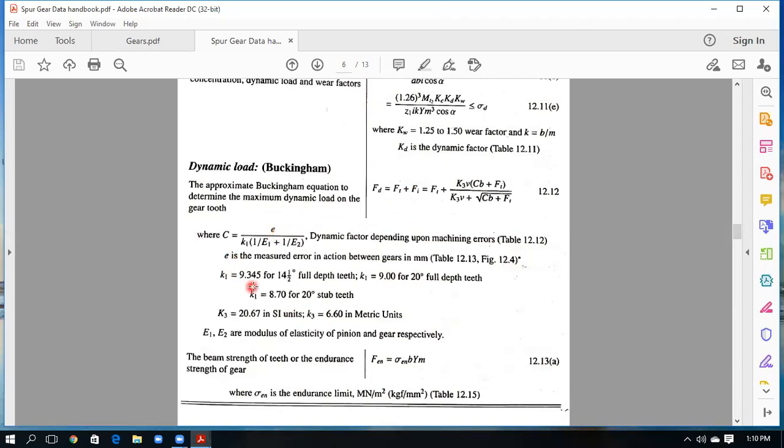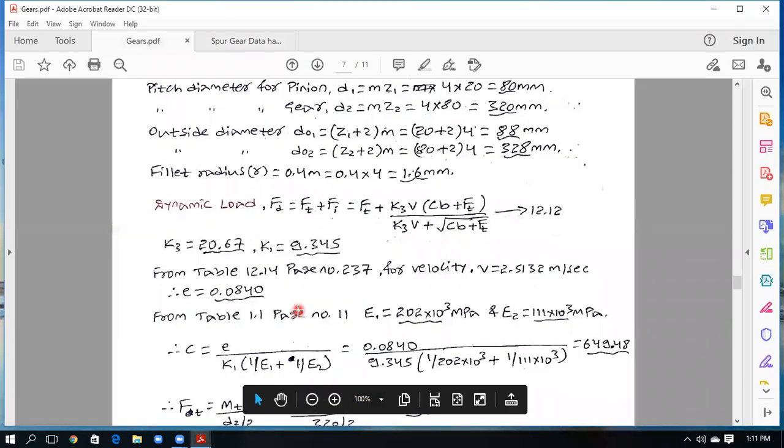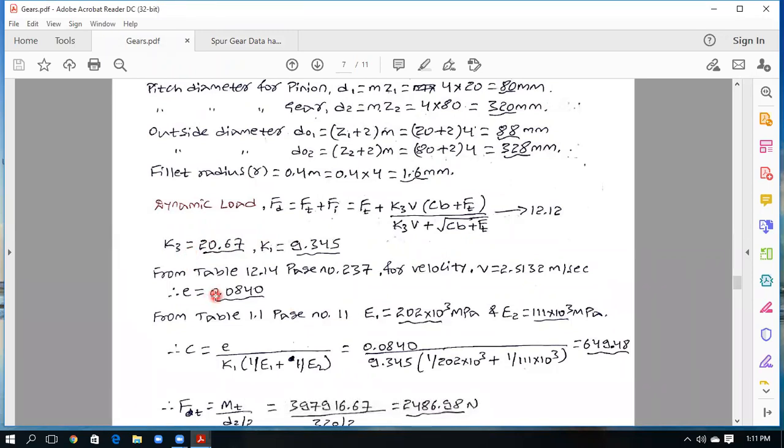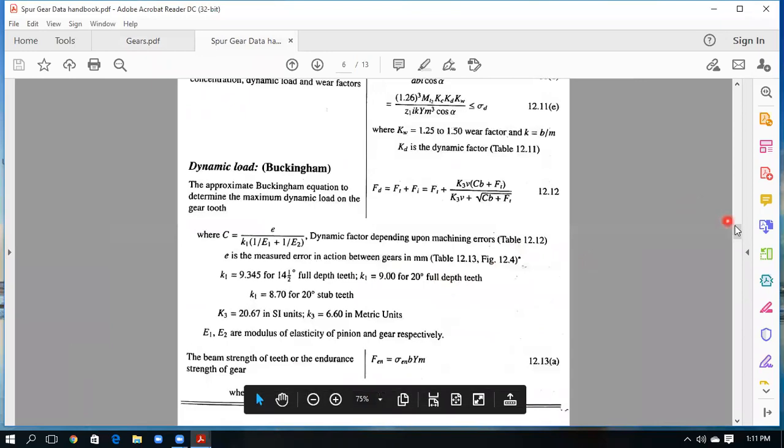In the given problem, it is 14.5 degree full depth teeth. According to that, you have to take. If it is given as 20 degree full depth, at that time the K1 value will be 9. Whereas now the given is 14.5 degree, therefore the K1 value will be 9.345, and this is the K3 value. Both these I am going to note down now. Now you can see that I have noted down K1 and K3. Next, I need to find out the error E value, that is from table number 12.14, page number 237.